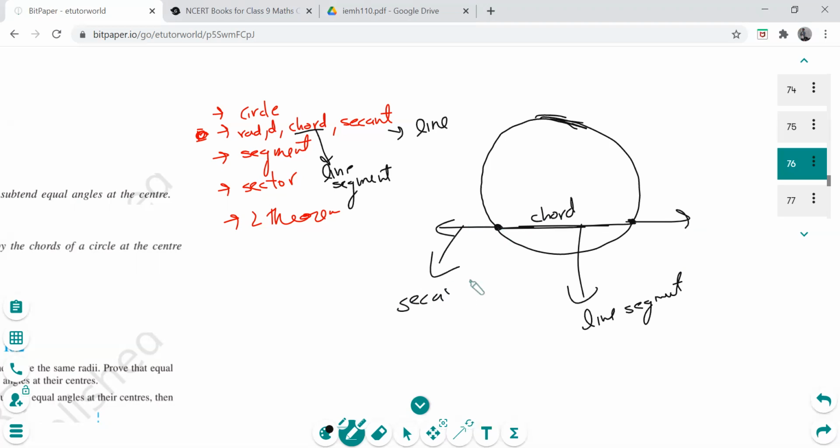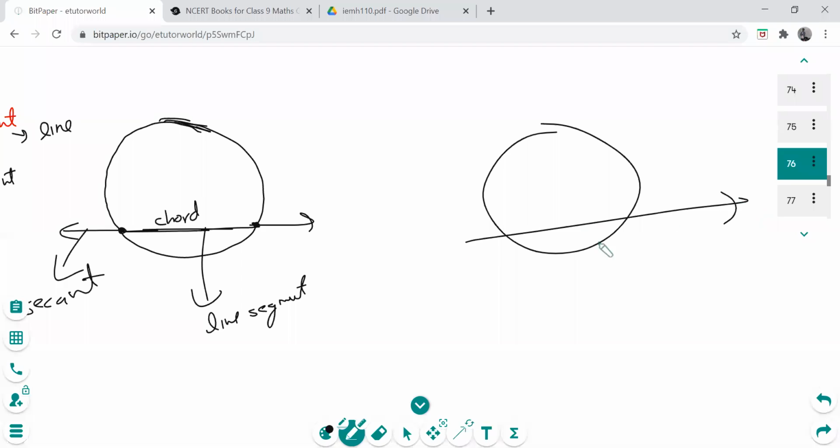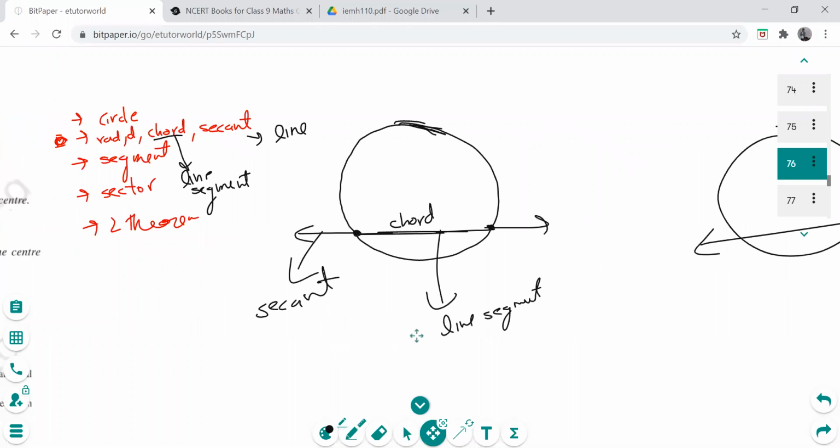Secant. That's the basic difference between both. Clear now? Yes, sir. So if it is a line, that's the secant.